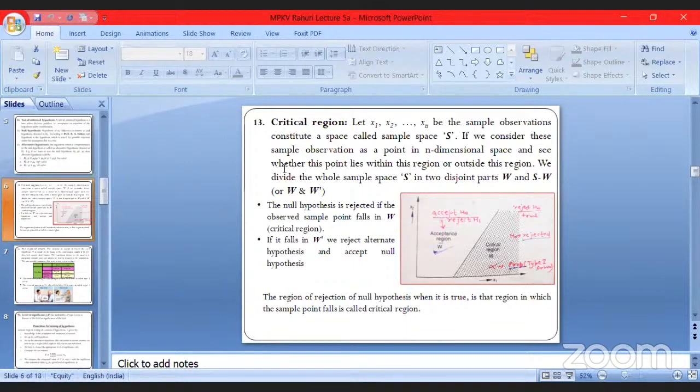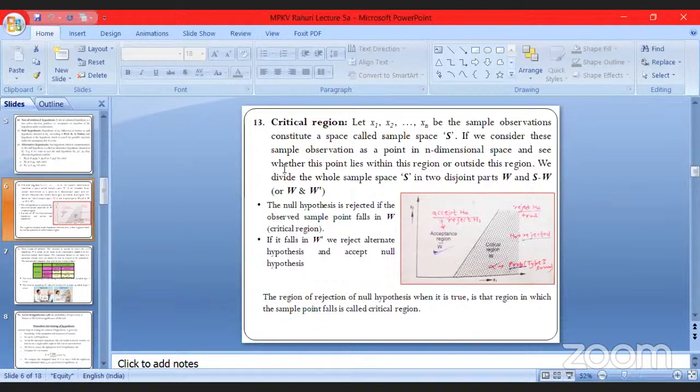When we are discussing with respect to the null hypothesis, don't get confused about accept or reject. If the value falls in the critical region, then we reject the null hypothesis. Why? The basic fundamental law of all the tests we are doing is to reject the null hypothesis. And when we try to reject the null hypothesis, we look at the critical region.